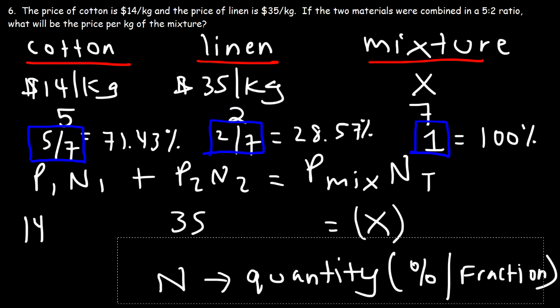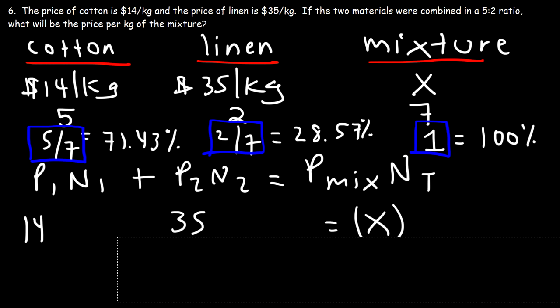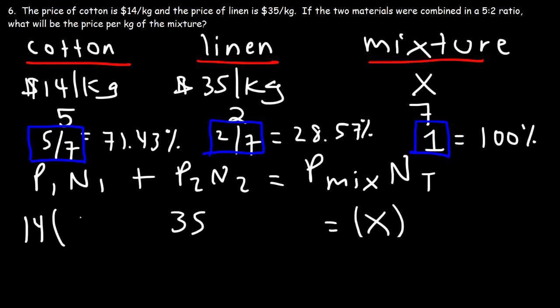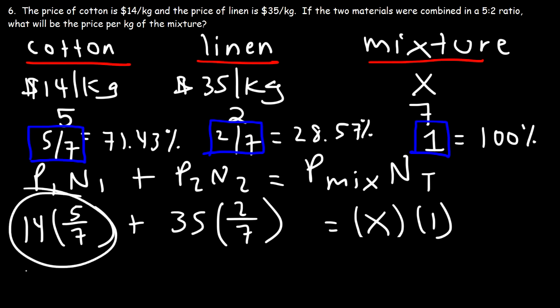So now let's plug everything into the equation. N1 is 5 over 7, N2 is 2 over 7, and NT is 1. So what's 14 times 5/7? It's best to divide before you multiply. 14 divided by 7 is 2, and 2 times 5 is 10.